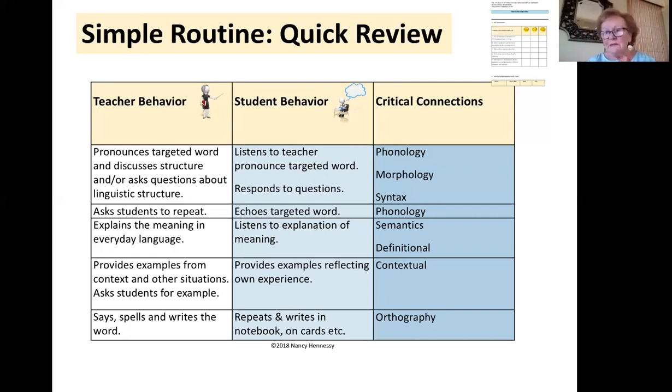Then I'd ask you to think a little bit about the linguistic structure, because when we know a word well, we not only know its meaning, we didn't even get there yet, right? We know its phonology, orthography, and so on. So we'll just listen for a moment and think about, all right, that word is disaster. How many syllables in that word? Oh, disaster.